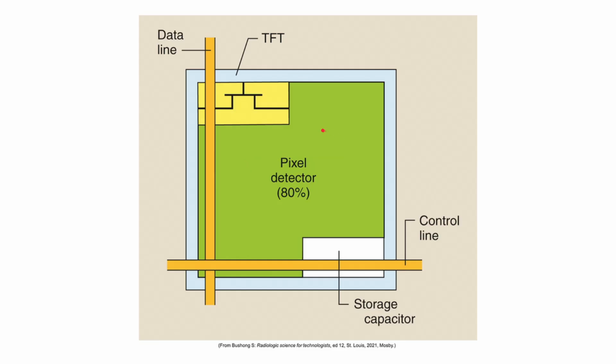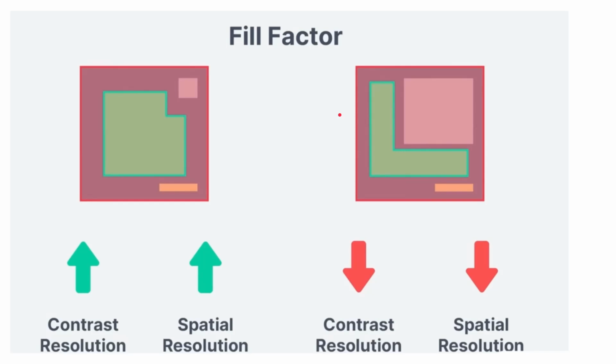Within these detector elements, you have your storage capacitor, your TFT, and you have right here, this is where the images are really taken, in these pixel detectors. This is where they're received.